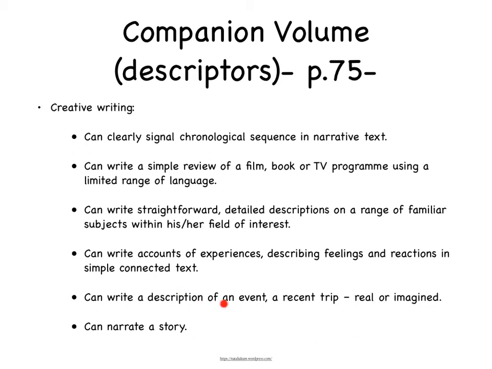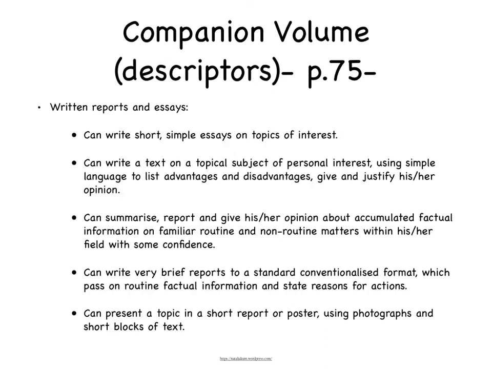Can write a description of an event, real or imagined, and can narrate a story. So these text types can appear. For reports and essays, which are mentioned in the specifications, they can write short, simple essays on topics of interest. Can summarize, can write brief reports, can present a topic in a short report.